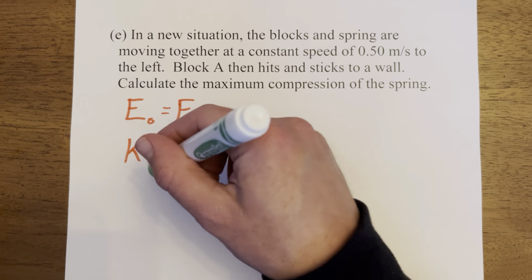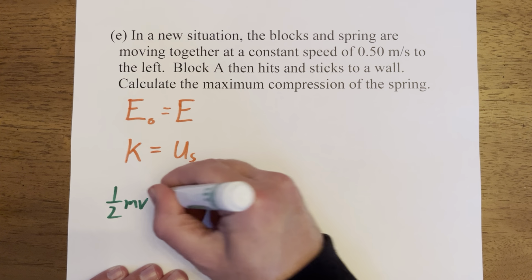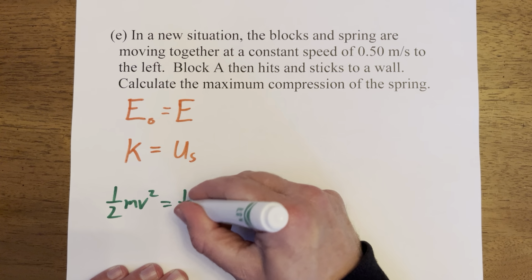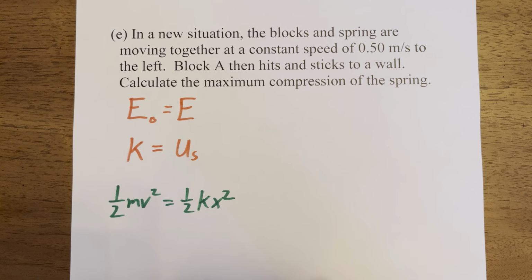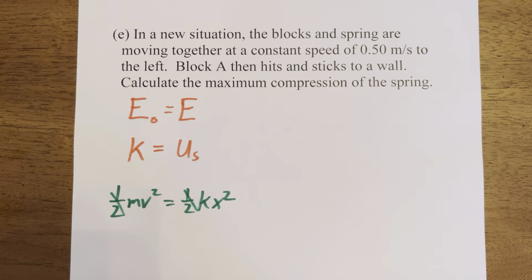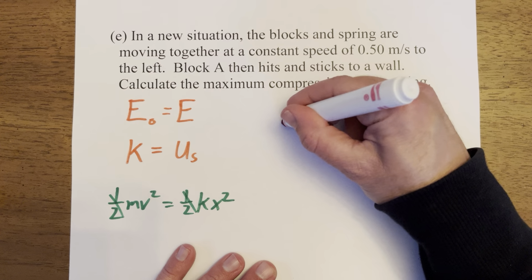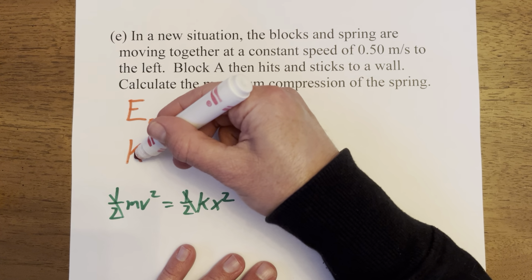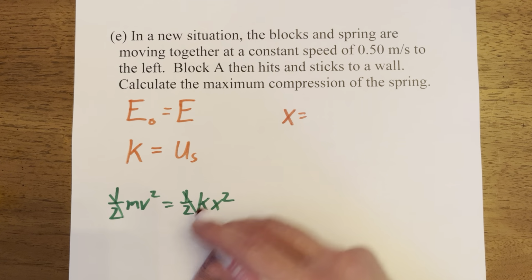Now we can plug in for each of our equations. Kinetic energy is 1/2 mv squared, and elastic potential energy is 1/2 the spring constant times x squared. We can get rid of these halves and move our equation around to solve for x, the distance that the spring compresses. What was kinetic energy is going to get stored in the spring energy of the compressed spring.